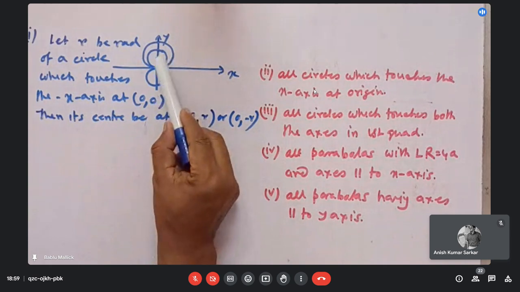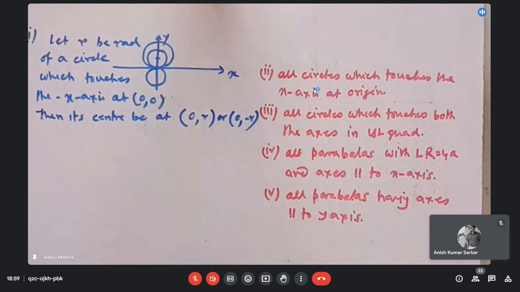If it is here, then it is 0, r. If it is in the second quadrant, then it will be 0, minus r.